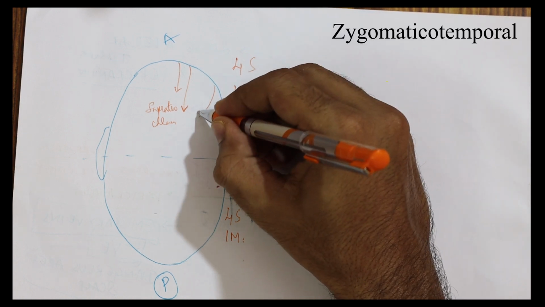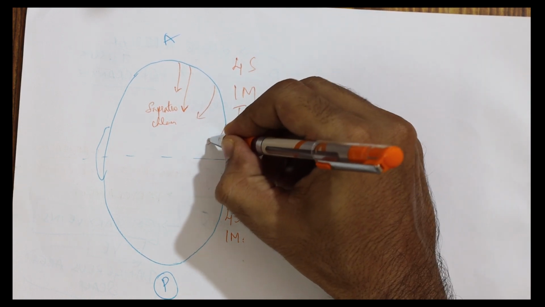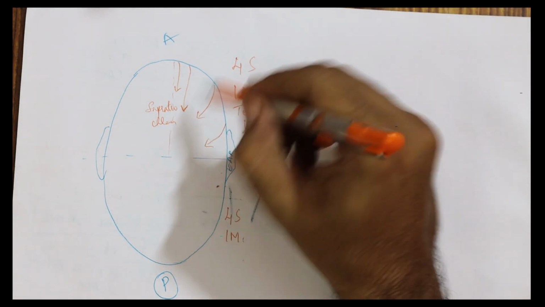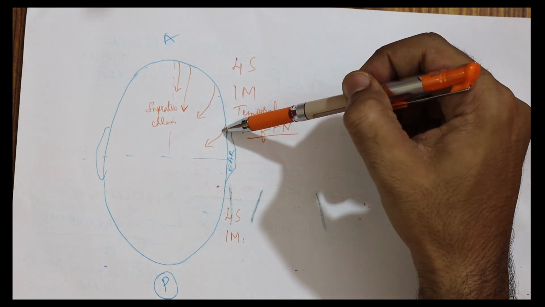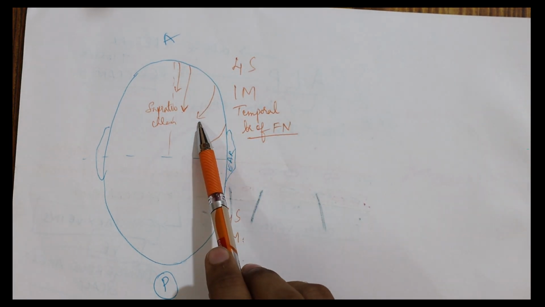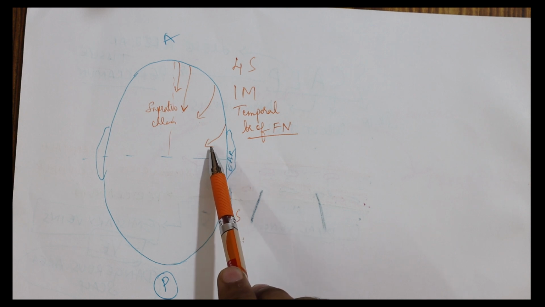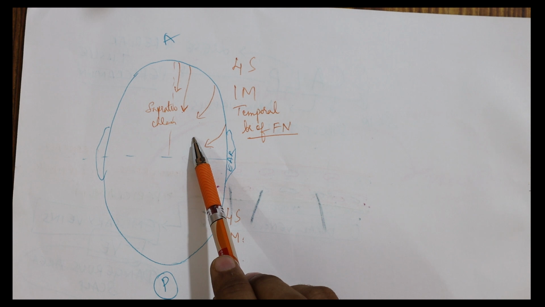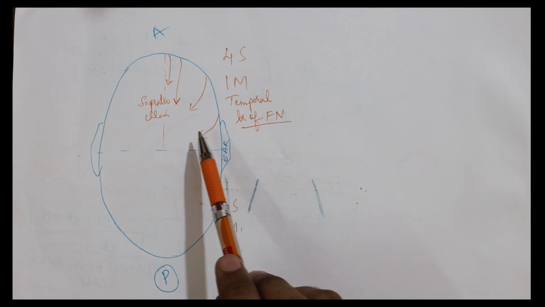One is called zygomaticotemporal nerve and the other auriculotemporal nerve. So four sensory: supratrochlear, supraorbital, zygomaticotemporal, and also the auriculotemporal, and one motor, that is the temporal branch of the facial nerve.